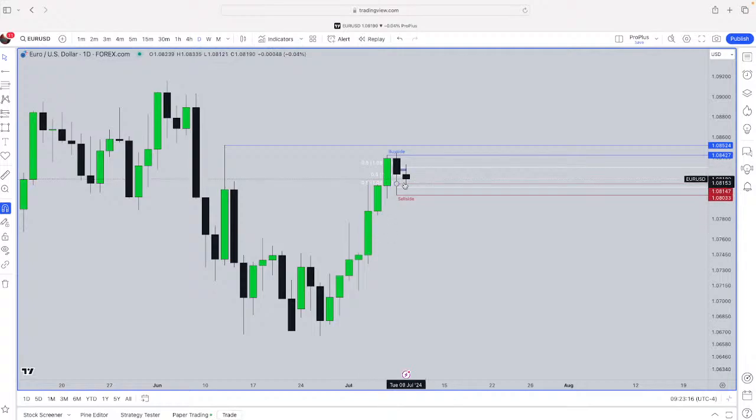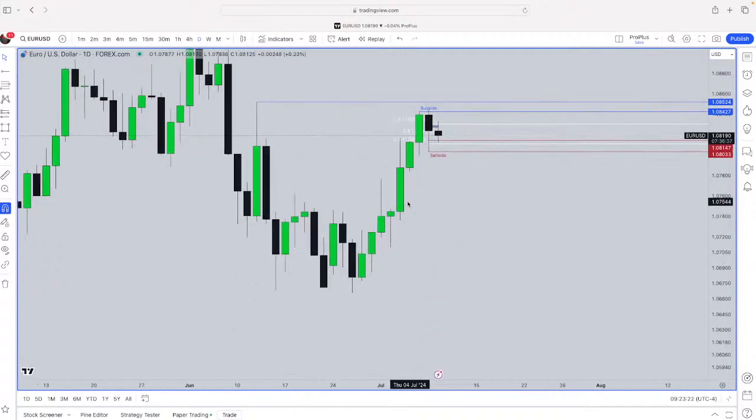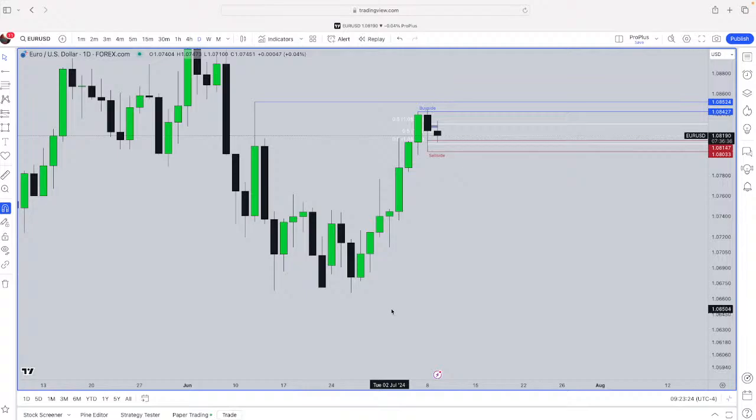If it starts pushing up higher and this is a breakaway gap, then we could see buy side and these two equal highs here get taken. You can see here: low, high, low, low, high, high. See that low get taken? And now it's taken out that high. So this is a breaker here.